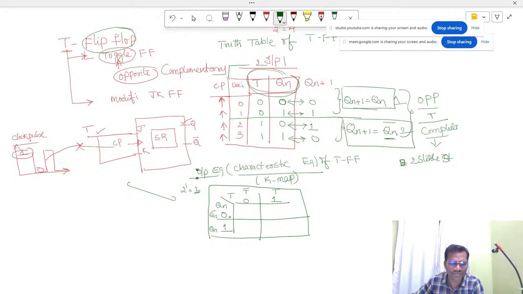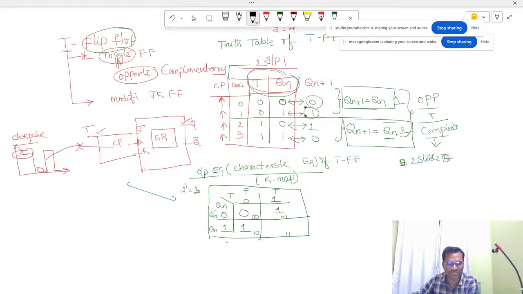Now you see the combinations here: 0 0, 0 1, 1 0, and 1 1. If it is the 0 0 combination, T is 0 and Q is 0, what is the output? 0. If T is 0 and Q is 1, how much? 1. If Q is 1 and T is 0, the 1 0 combination, what is the output? 1.